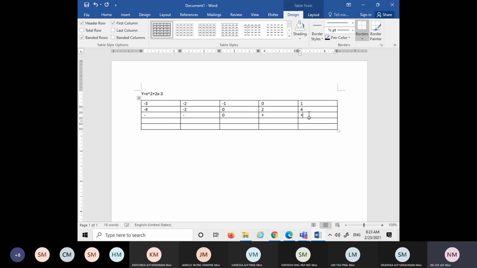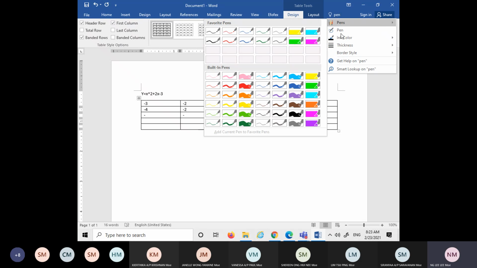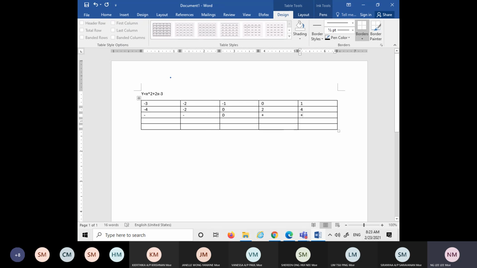How do I sketch? Negative is this way. 0 is flat.